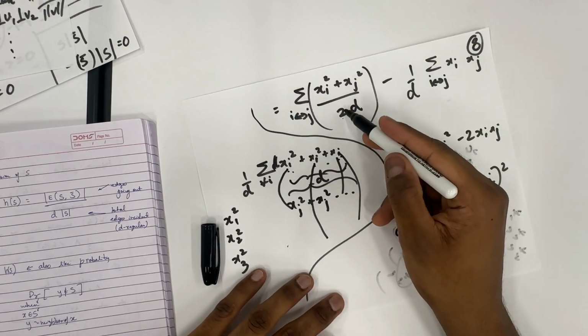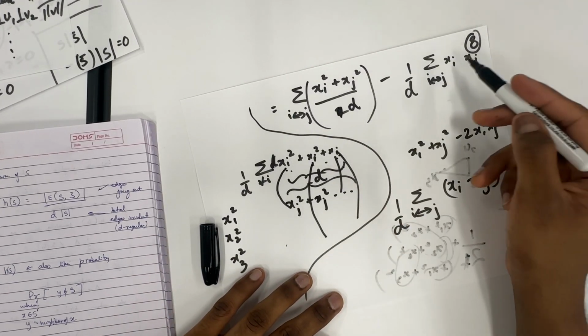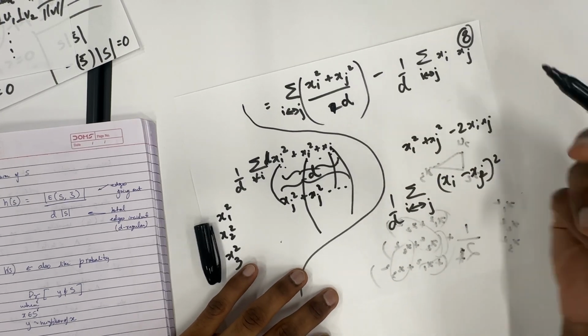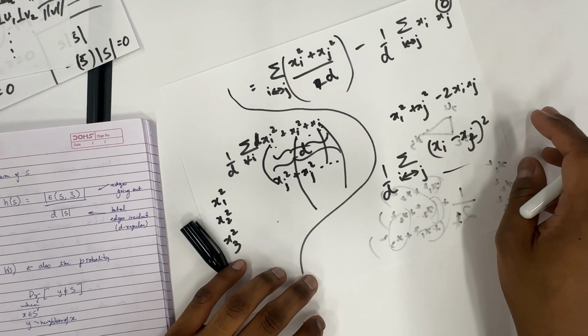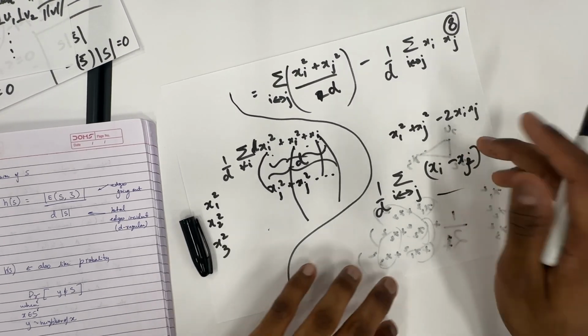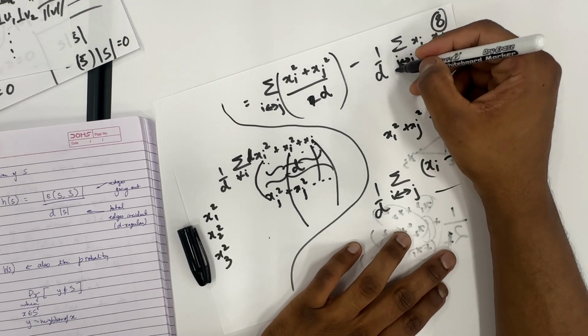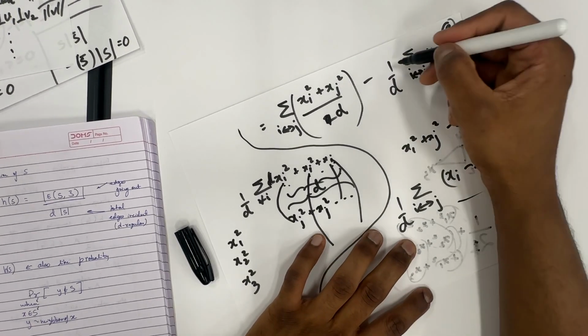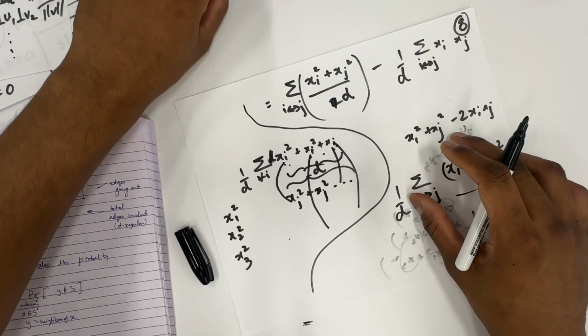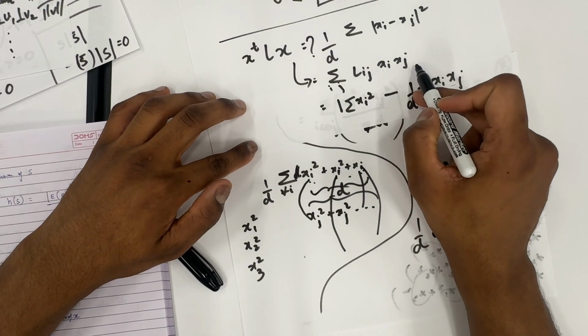So I divided not by 2d, I divided by d, but then there must be a factor of 2 here because it has to sum up to this. So yeah, this is double counted. Yeah. This is double counted because Lij, it is for all i, all j, right?